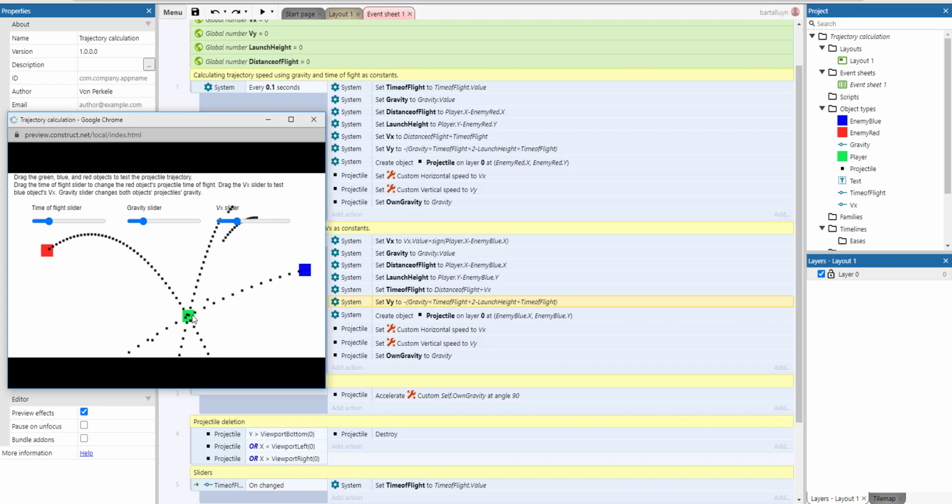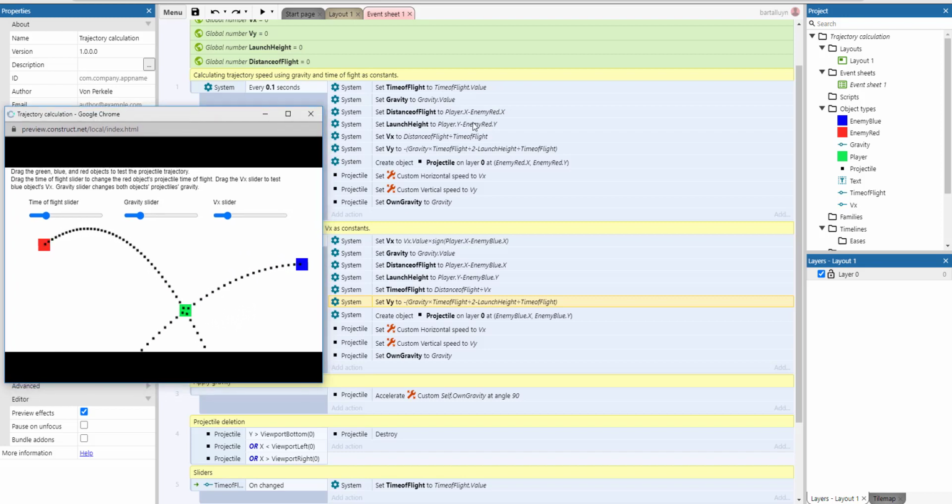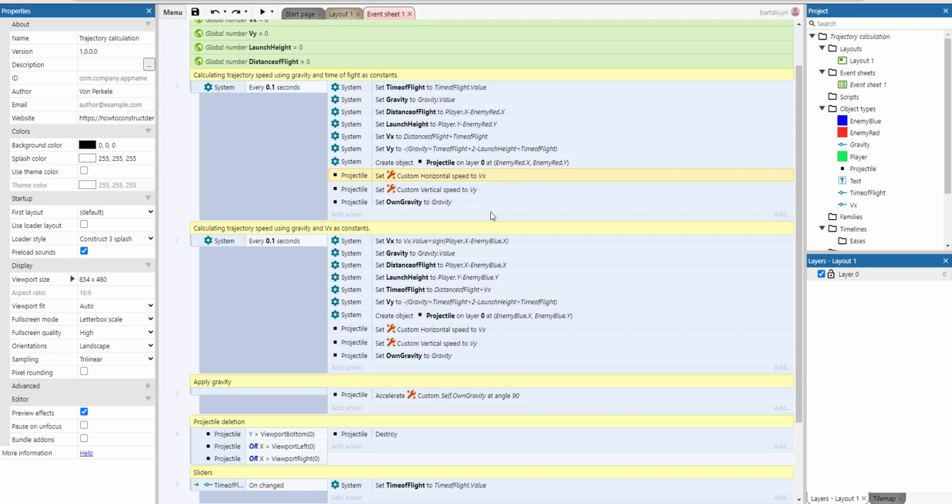And then it calculates what the time of flight needs to be of a projectile in order to end up here at the player. And the red object works in the exact opposite way, where the Vx is calculated based on the time of flight. So let's go and look at the code, what happens actually, and we'll see how that exactly works.